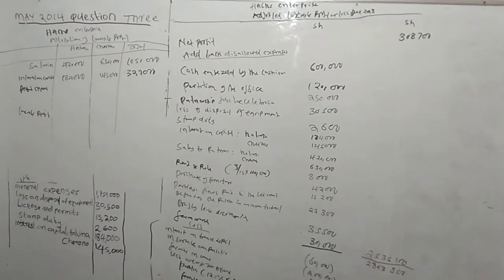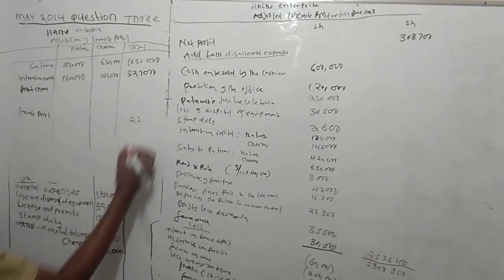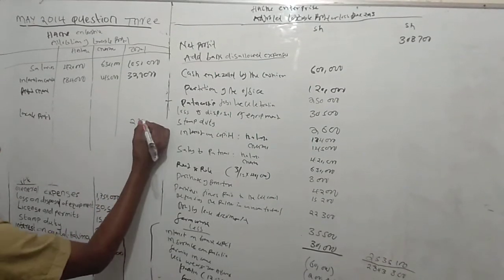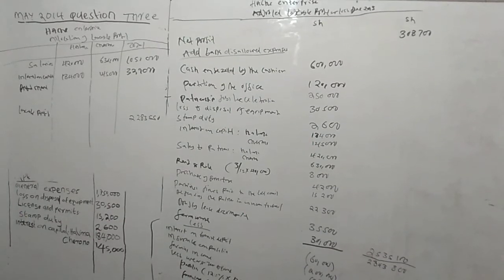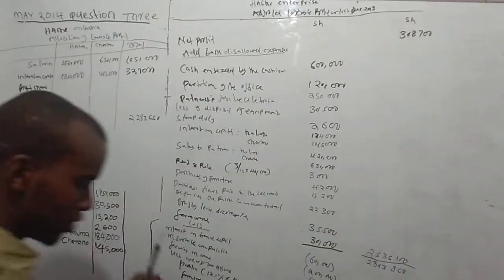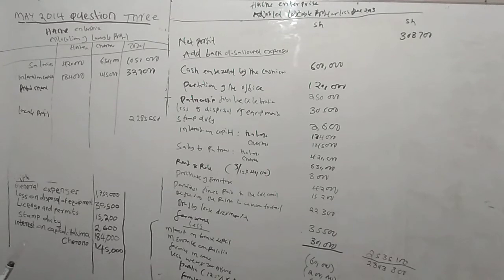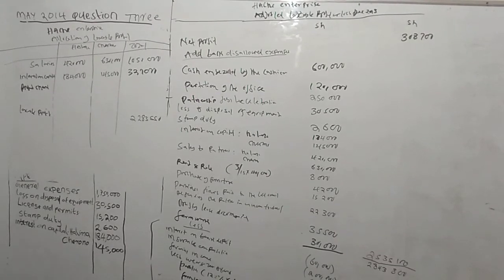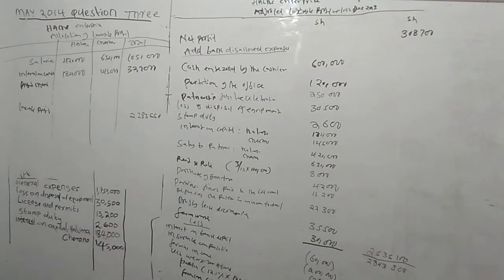The total taxable profit is 2,283,550. Now remember in the first question we are told the profit sharing ratio is 2 to 1. Now let's distribute this profit in the ratio 2 to 1.